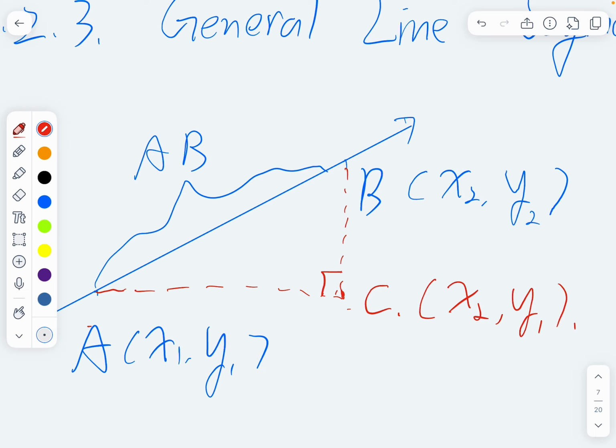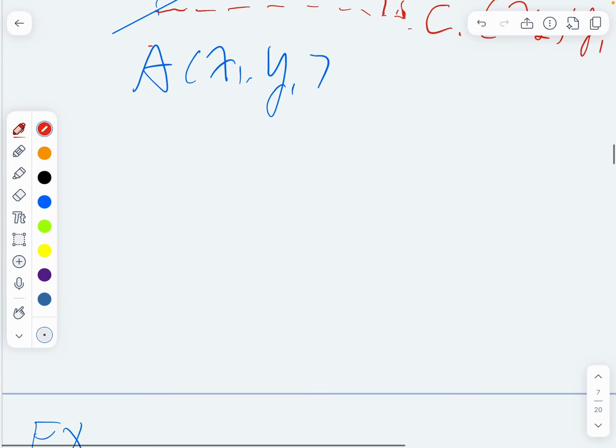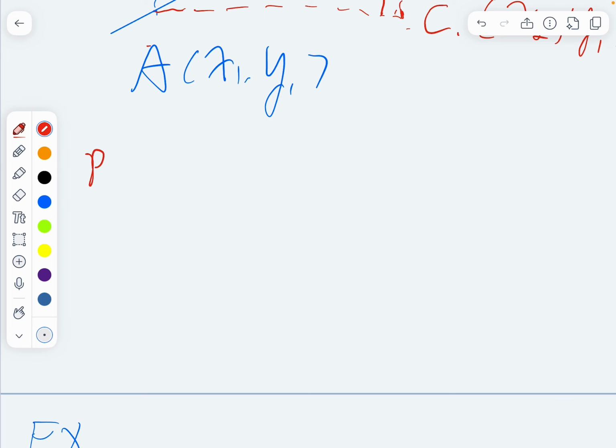Here we need to use the famous theorem, the Pythagorean theorem.